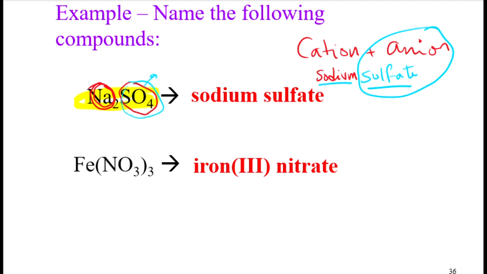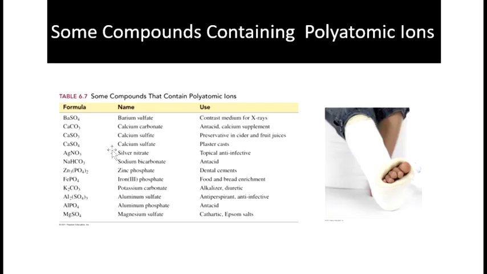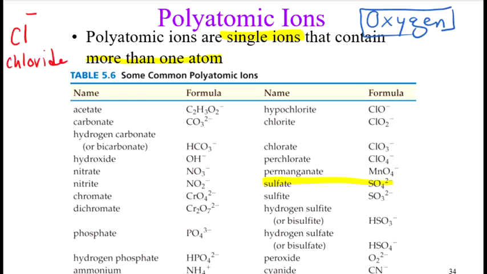How about this one? Fe(NO3)3. Fe is iron. This is a transition metal. I need to write something in the parentheses. NO3. Look at this table. For your exam, you cannot look at this table. You need to memorize that. NO3, 1 negative, nitrate.